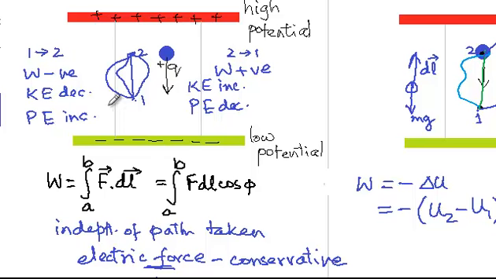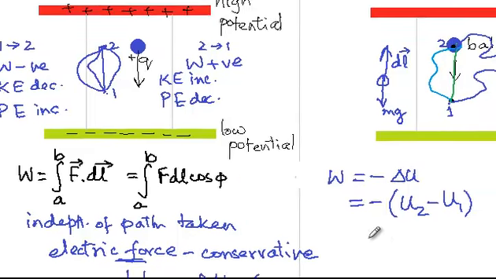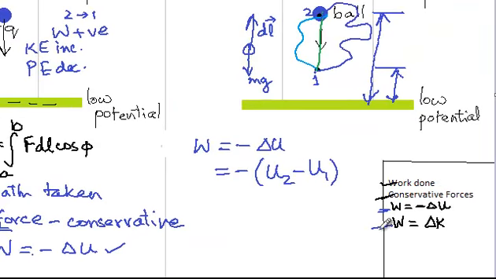So if you noticed over here, we have used the work energy theorem, which is work done is equal to change in kinetic energy when the total work done is only due to conservative forces. Then the work done becomes equal to the change in kinetic energy, and this further becomes equal to the negative of the change in potential energy.